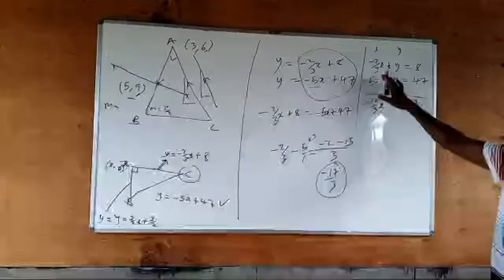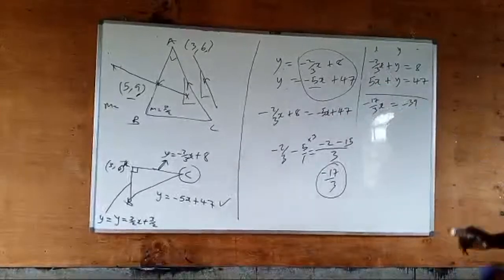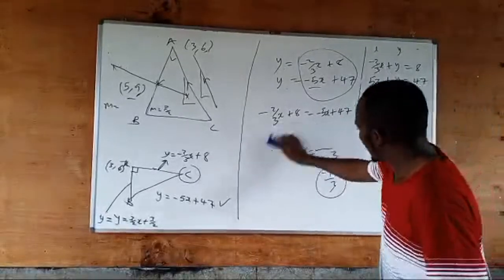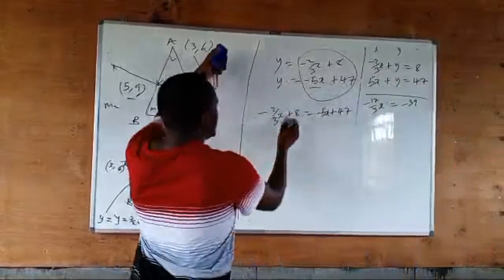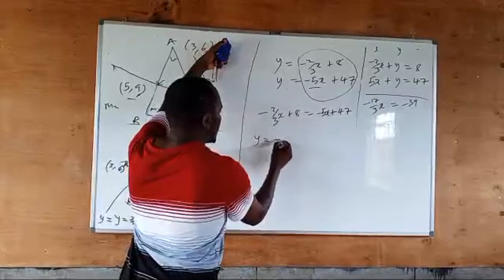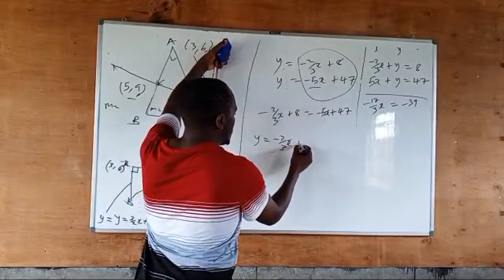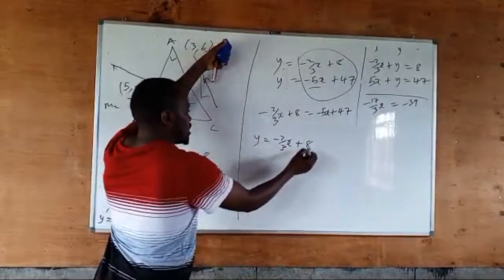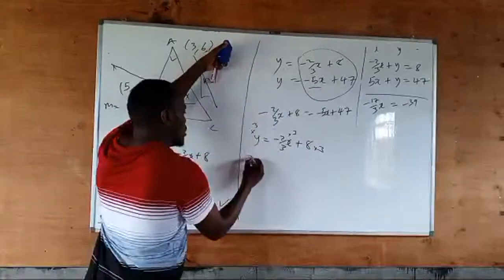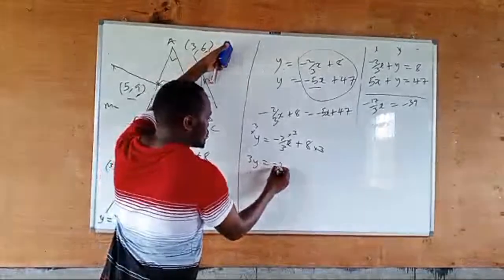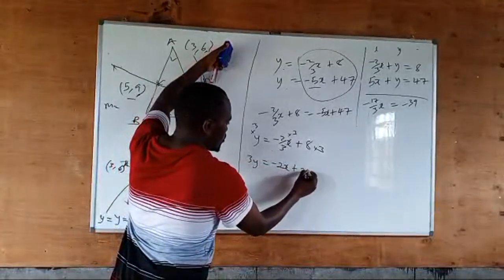Okay, let us change it to a fraction. We can change it so that we solve it the way you are used to. So you have y is equals to negative 2 over 3x plus 8 times 3. So you have 3y equals to negative 2x plus 24.